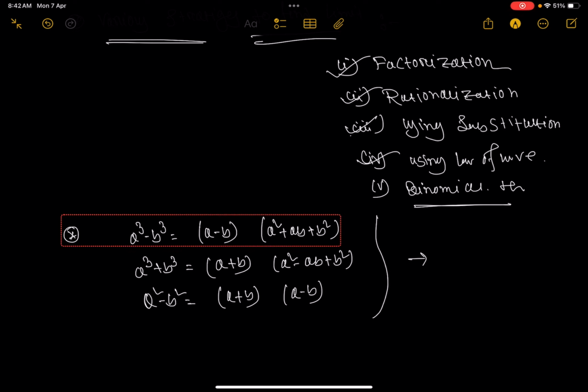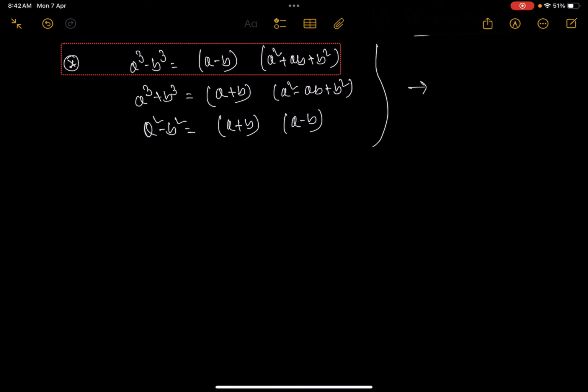These three are mainly used in factorization problems. So let us do a factorization problem.